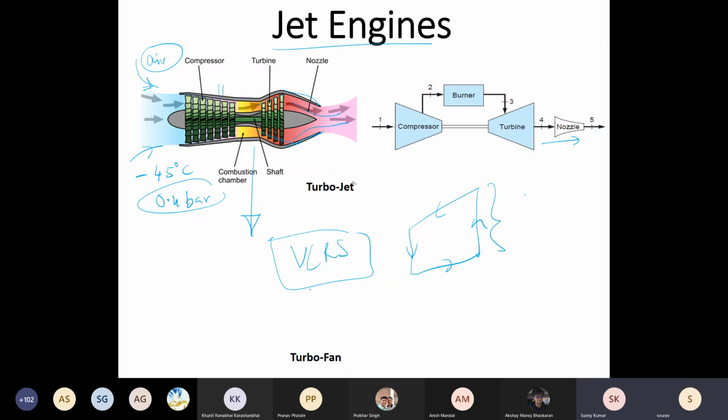Your VCRS system is using refrigerant. It has its own compressor, evaporator, and condenser and everything. Whereas here you can borrow the engine's compressor, extract air from there and use air as the working fluid itself.